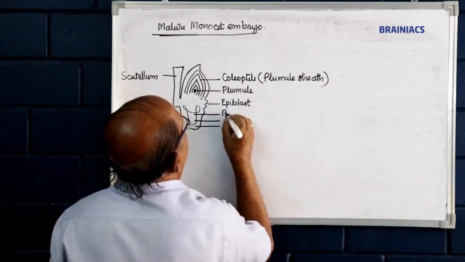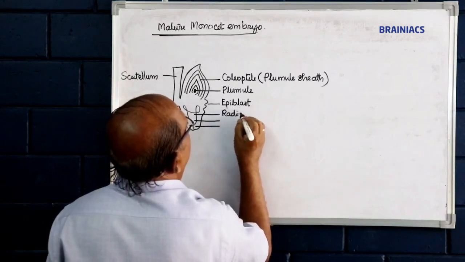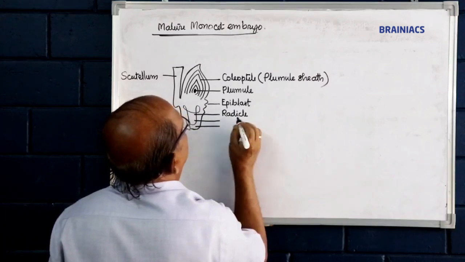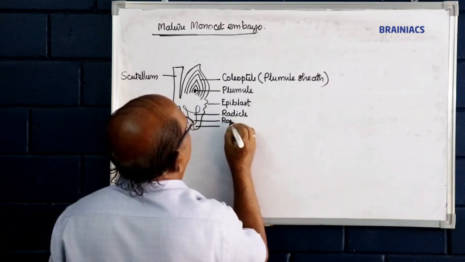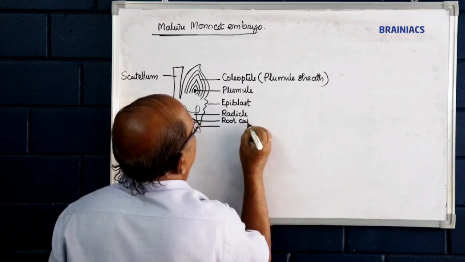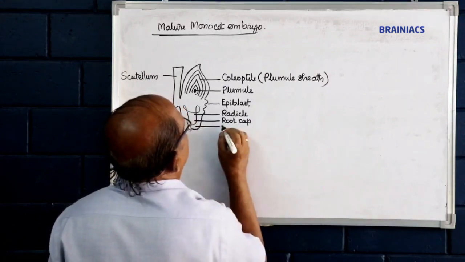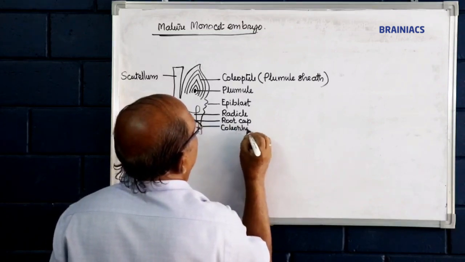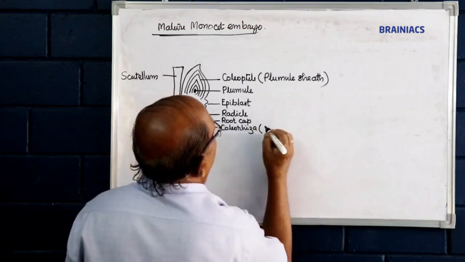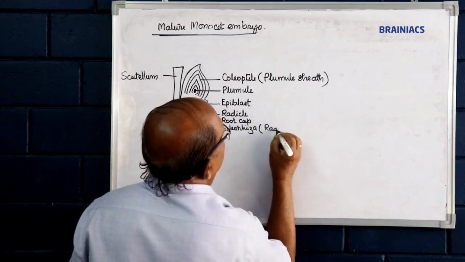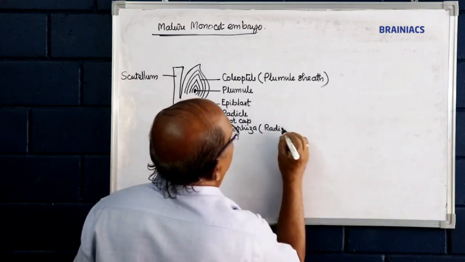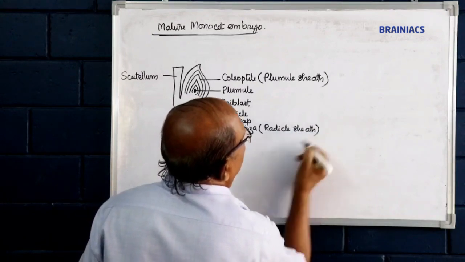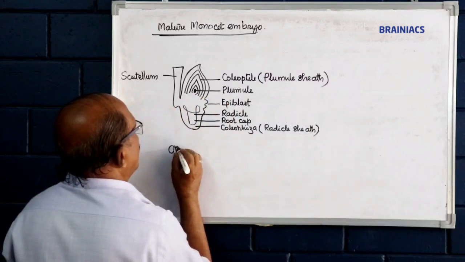This is radicle. And this region, root cap, and this is coleorhiza, the radicle sheath. This is the monocot embryo.